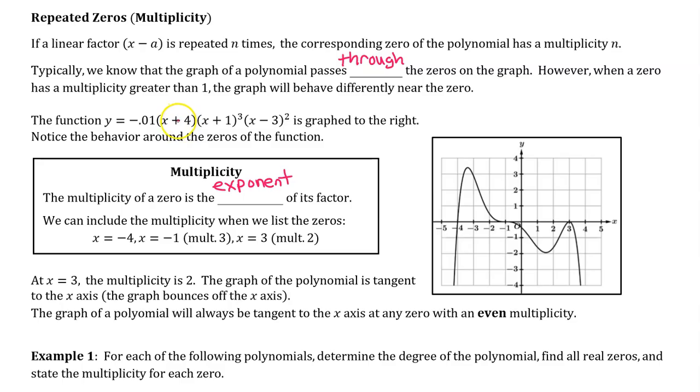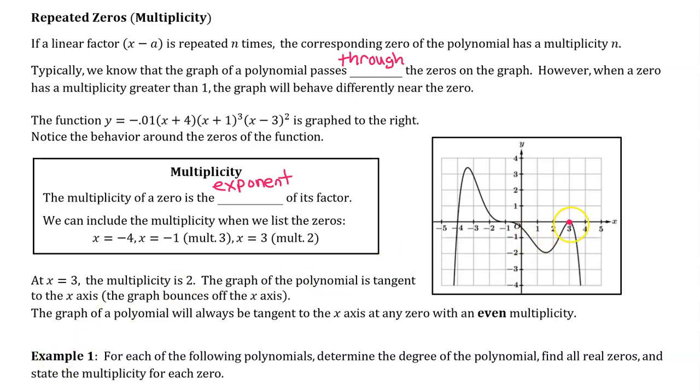This one has a multiplicity of 1 because the exponent is an invisible 1. We can include the multiplicity when we list the zeros. So when we say the next 0, x equals -1, we're going to say multiplicity 3 in parentheses. And then when we say x equals 3, we're going to say multiplicity 2.